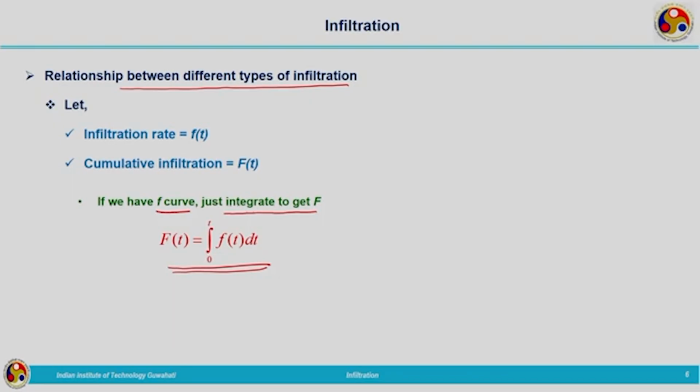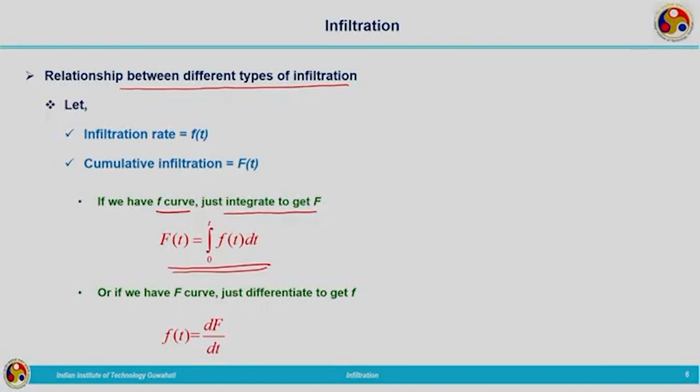So, capital F of t, the cumulative infiltration, can be obtained by integrating the infiltration rate over the entire duration of infiltration. If we have the cumulative infiltration, capital F, then to get the infiltration rate we can just differentiate the cumulative infiltration curve.